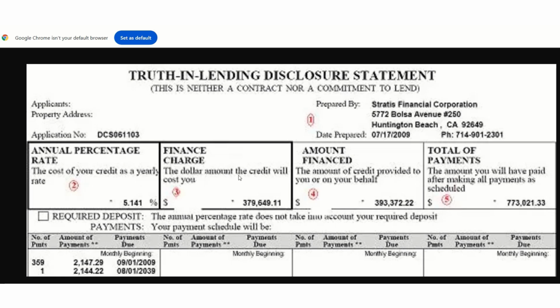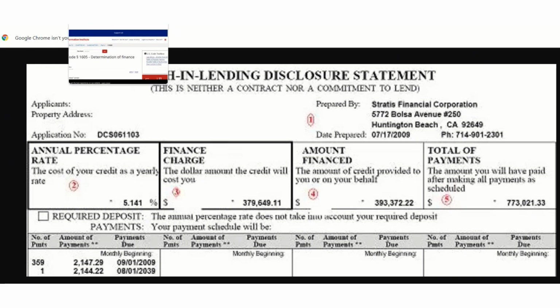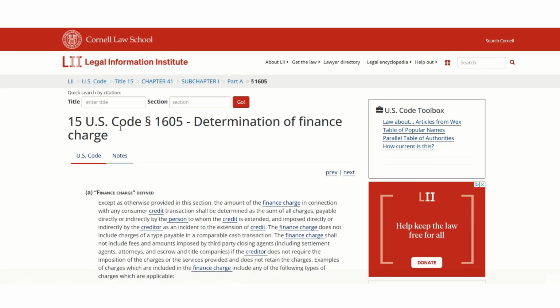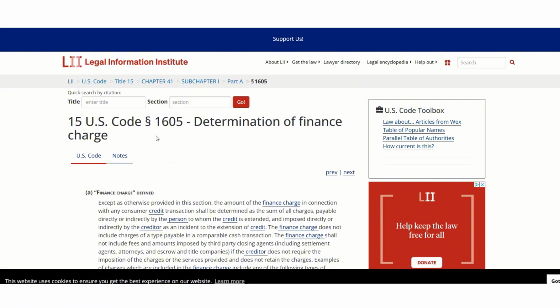Because this is the generic form that every financial institution does. How every financial institution does it, right? So let's look at the law and see if this is accurate. Let's go to the finance charge, determination of the finance charge.